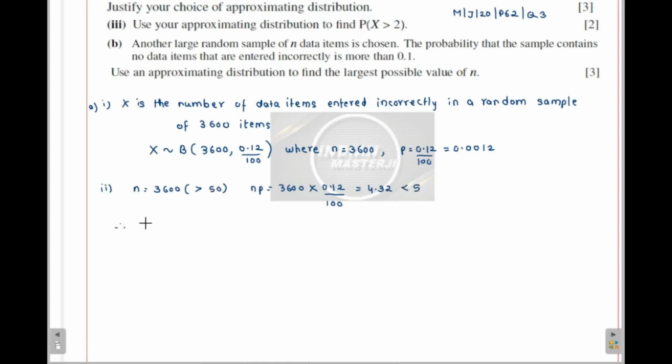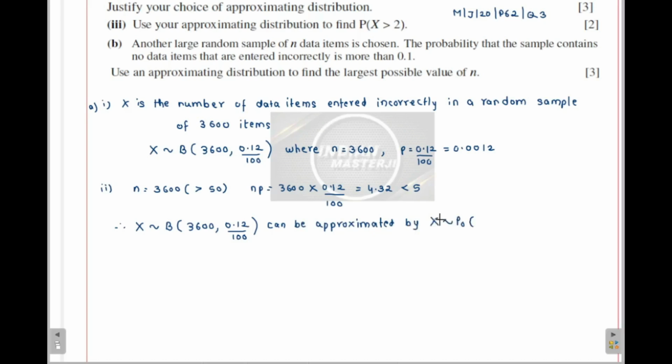So therefore, can I say this binomial distribution can be approximated by a Poisson distribution? It can be approximated by the random variable X following a Poisson distribution.